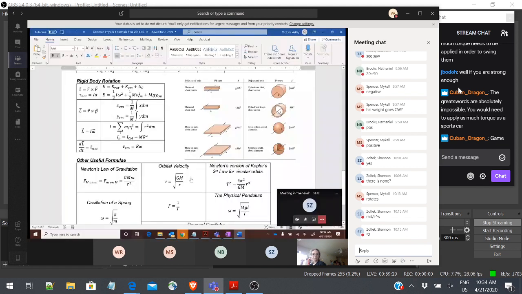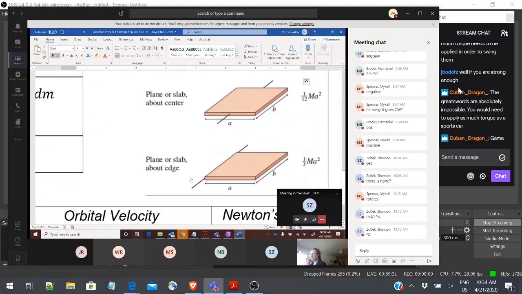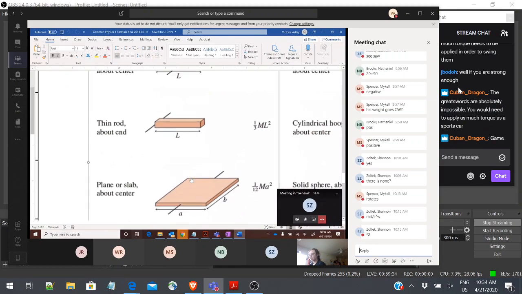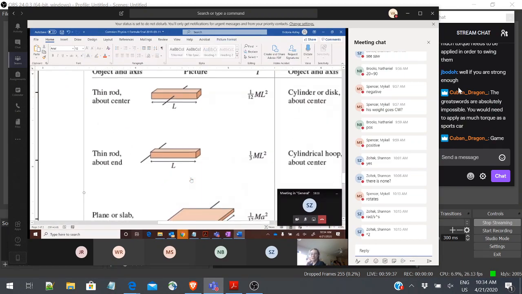Right, I have two options for the branch. It could be a thin rod rotating about its center or a thin rod rotating about its end. Notice that I have a different moment of inertia in each of these cases. It is a lower number if it's rotating about the center than if it's rotating about the end, just like the broom, right? The more mass that is further away from the center, the more moment of inertia I have. So I'm going to use this equation, 1/3 ml squared.